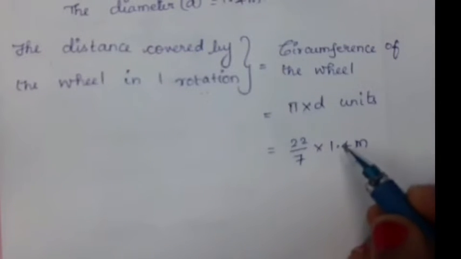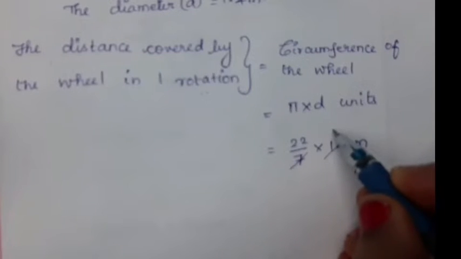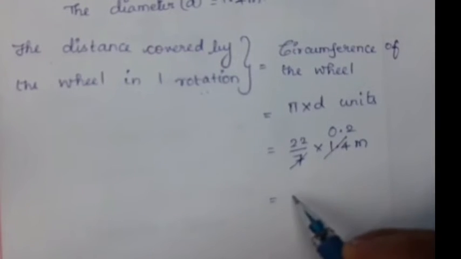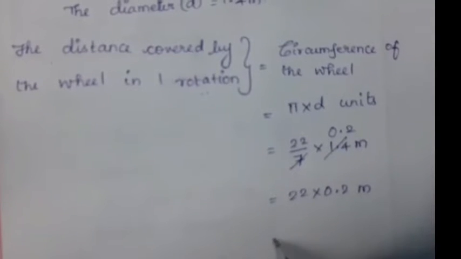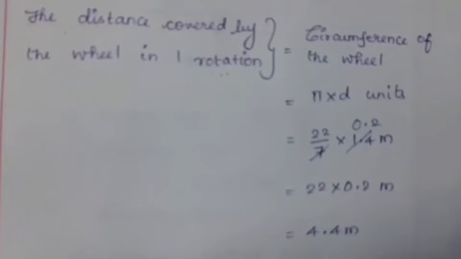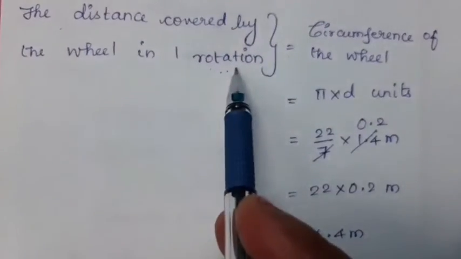By simplifying 1.4 by 7, we get 0.2 times, which is equal to 22 into 0.2 meter, which is equal to 4.4 meter. This value is the distance covered by the wheel in one rotation.